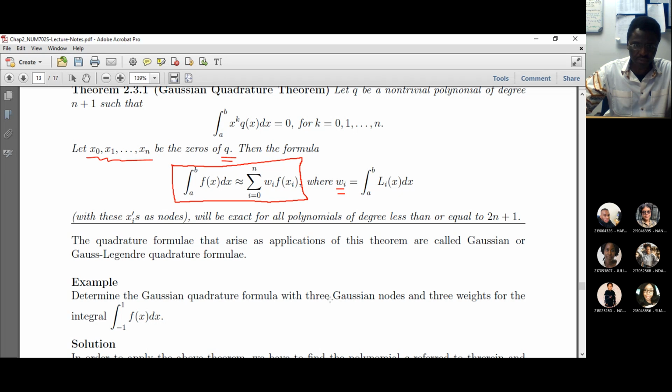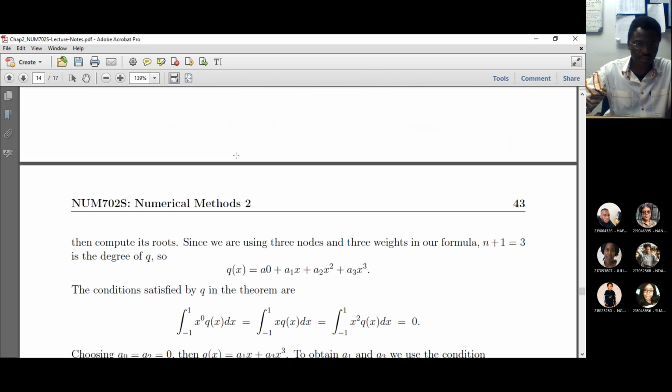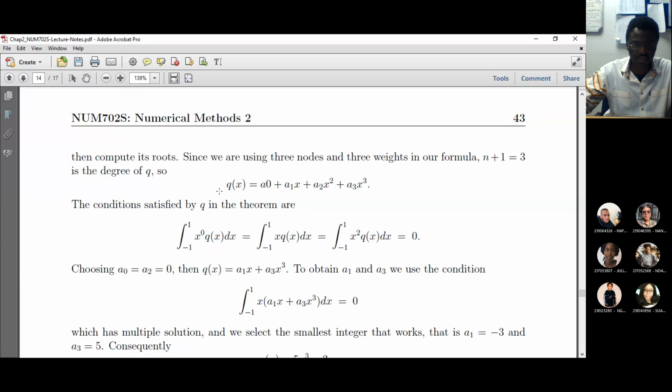So here we say 3 nodes, right? If there are 3 nodes, it means that the degree of Q will be 3 also. So in that case, we write a general formula for a 3rd degree polynomial. You can see that this is a 3rd degree polynomial.